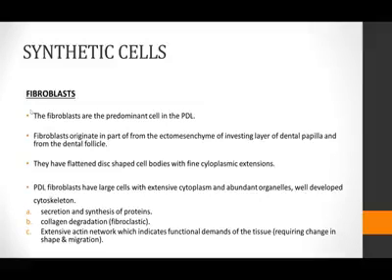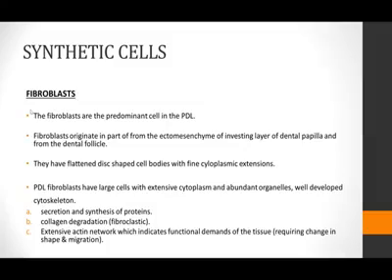They have a centrally placed nucleus, abundant protein synthesizing organelles, a very well developed cytoskeleton, as well as an extensive actin network. These cells secrete and synthesize proteins, and they degrade collagen and produce collagen as well.